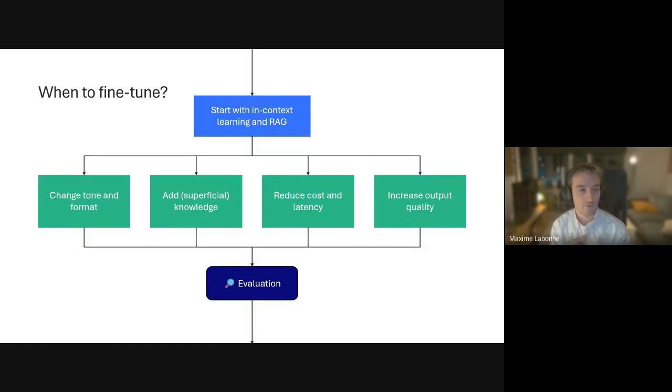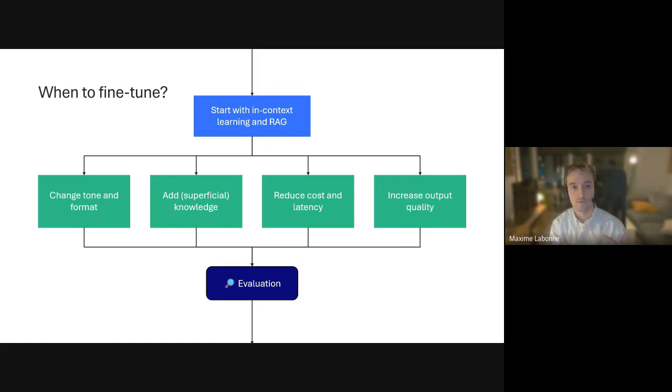An idea of when to fine-tune is these 4 blocks. You want to fine-tune a model when you want to change the output. It can be the structure of the output, because, for example, you need a very precise structure because it's used in another application. This is a good use case for fine-tuning. You can also add superficial knowledge. I say superficial because you cannot teach an entire language with supervised fine-tuning.